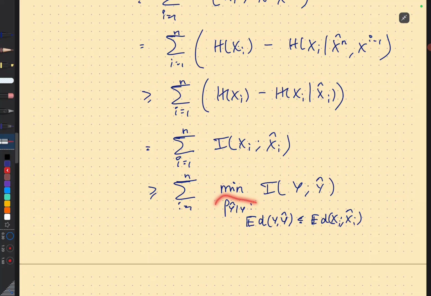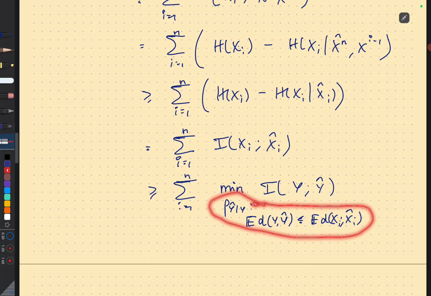Right? So if you look at the set of all p(y, y hat) for which the expectation of d(y, y hat) is less than or equal to the expectation of d(xi, xi hat), let's look at all possible p(y, y hat) that satisfy this constraint. This set includes p(xi, xi hat). Do you agree with that?